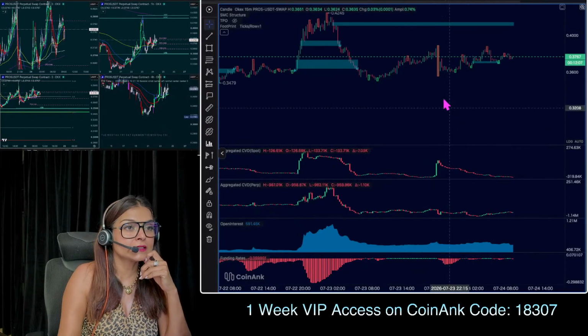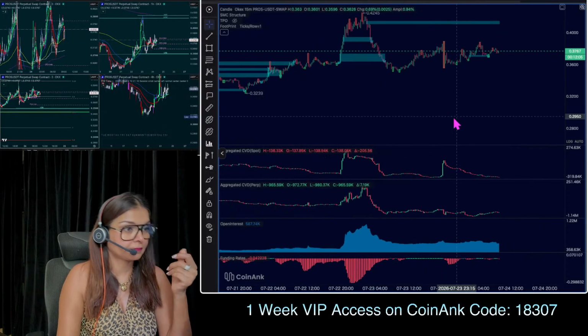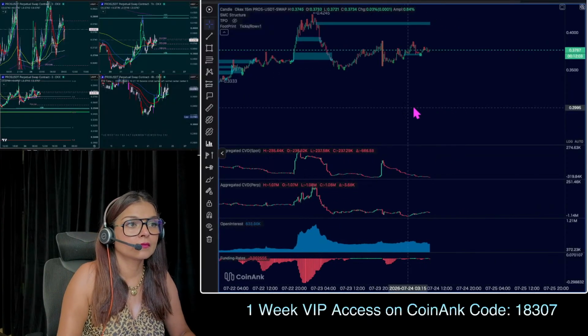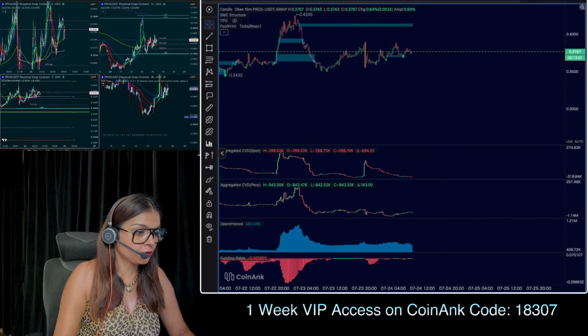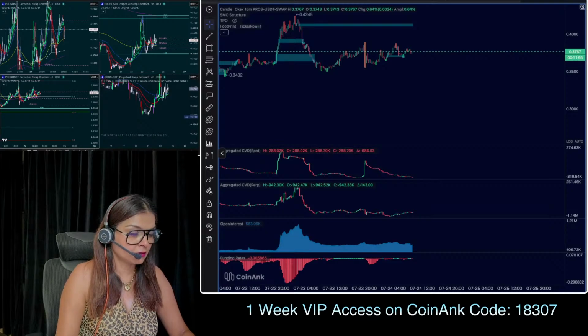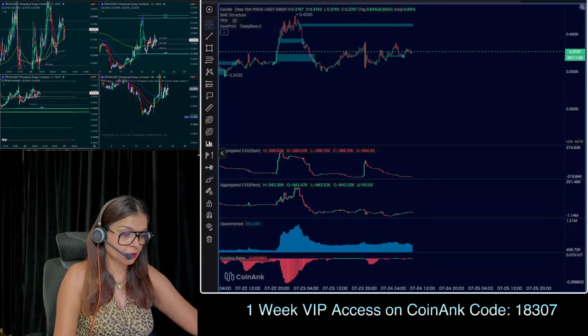Okay, next one. And I do also have a cheat sheet, of course, for open interest. Open interest with funding, the whole matrix, basically.